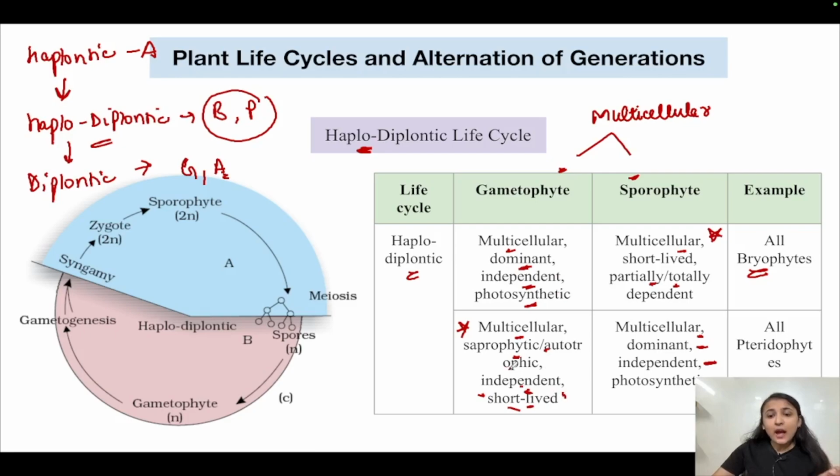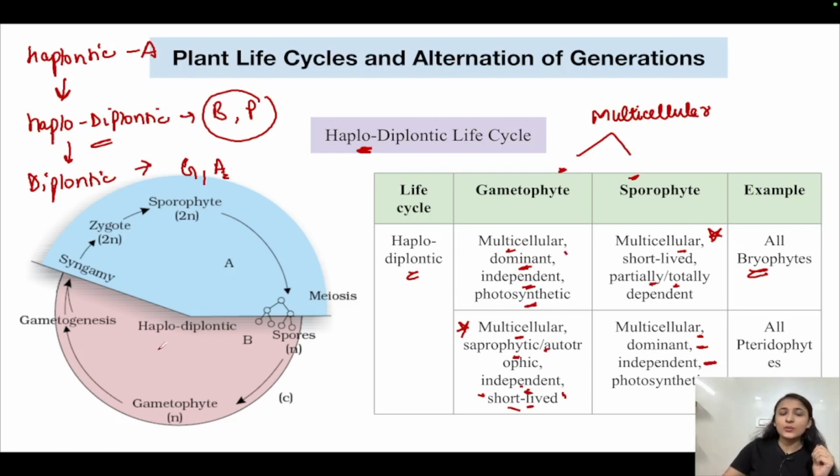The gametophyte, however, is short-lived, and the sporophyte occupies the major part of the life cycle. In bryophytes, the sporophyte part is short-lived and the gametophytic part occupies the major duration of the life cycle because it is the dominant part.